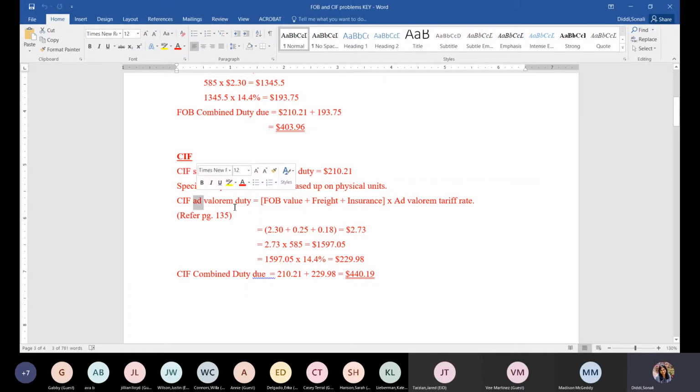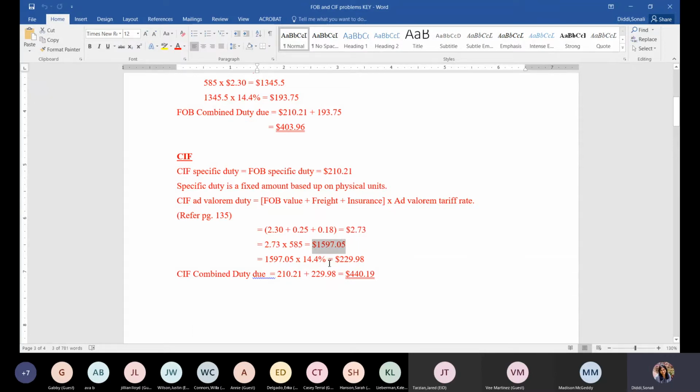Whereas the ad valorem duty will change because the CIF includes not just the cost, but insurance and freight as well. So you will have your FOB value plus freight and insurance times your ad valorem tariff rate. So instead of 2.3 as your cost, we now have 2.73 because we included freight and insurance as well, which increases the value of these 585 sweaters.